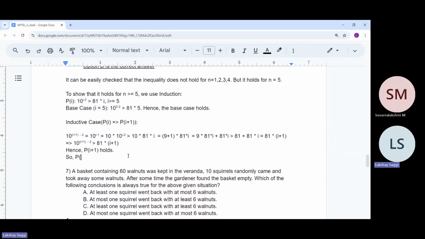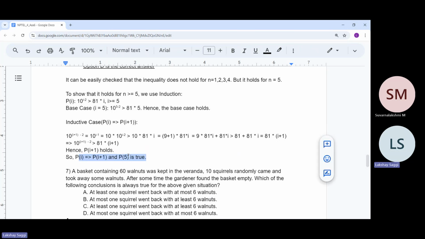So P of I implies P of I plus 1, and P of 5 is true. We know P of I implies P of I plus 1 and P of 5 is true.